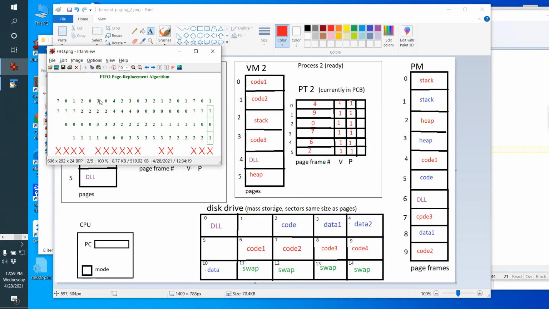Let's see. First in, first out would mean the one that's been in there the longest should be the one that gets kicked out. Now, in this example, 3 needs to be brought in because it's not in. Who's in memory? 2's in memory, but 2 just got brought in. 0's in memory.